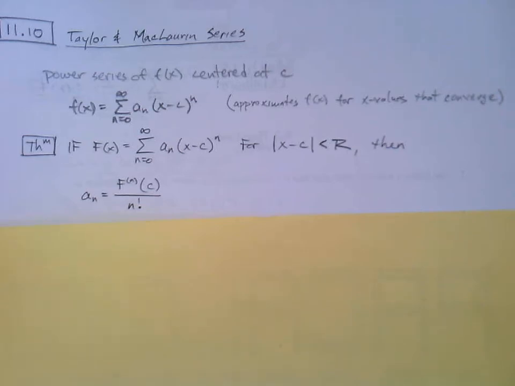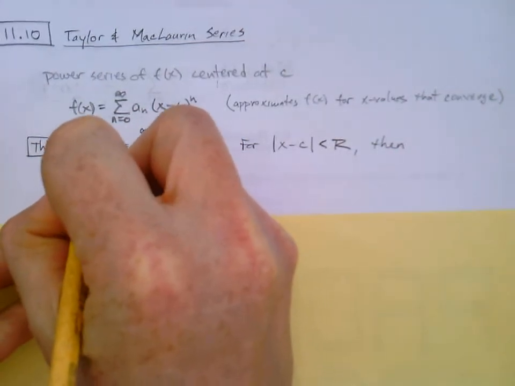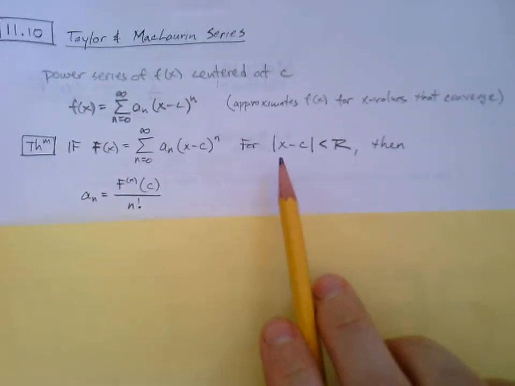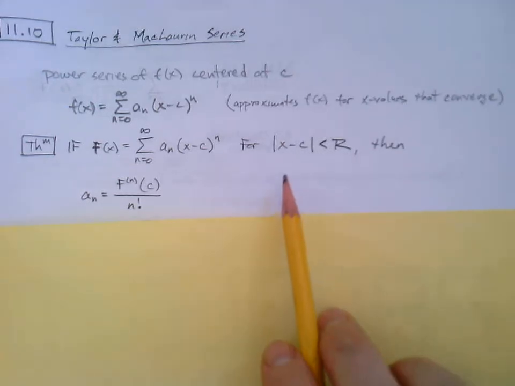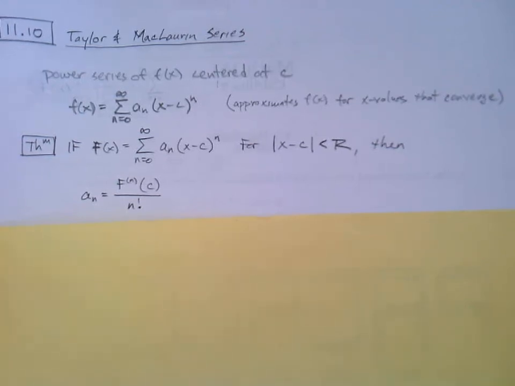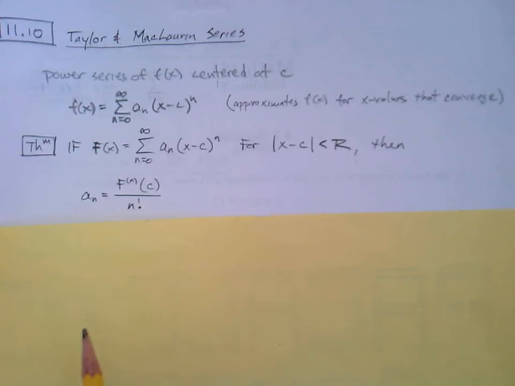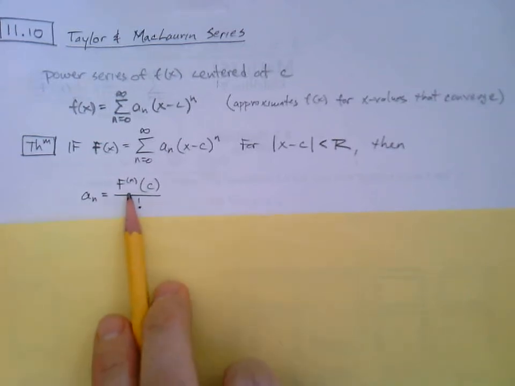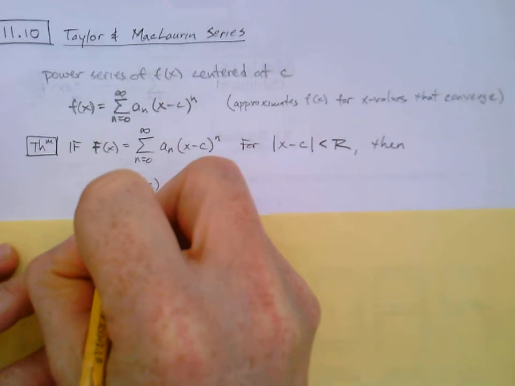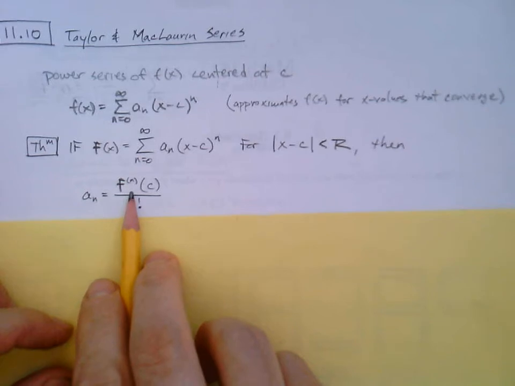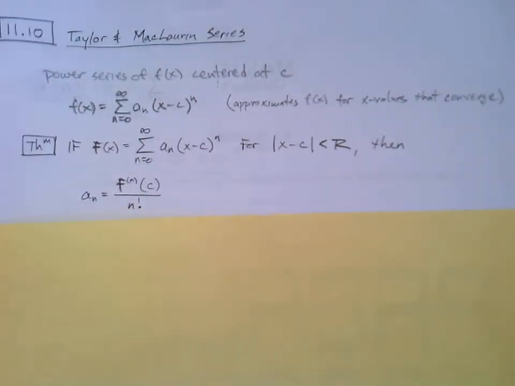It says if f of x, our function, is equal to the power series for x values that cause this to be true, in other words, your value of x converges because you're inside your radius, then the coefficient, the thing that is really in question, turns out to fit this pattern: a_n is the nth derivative of f evaluated at c, over n factorial. So the nth term is the nth derivative evaluated where you're centering, over n factorial.